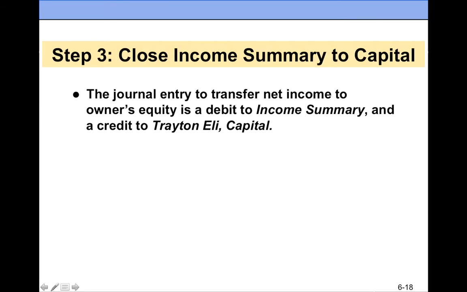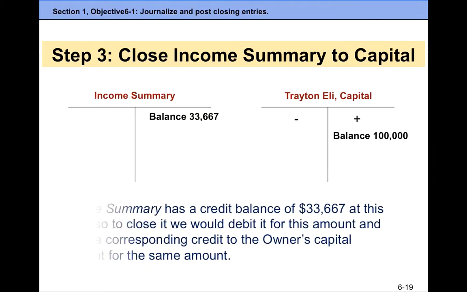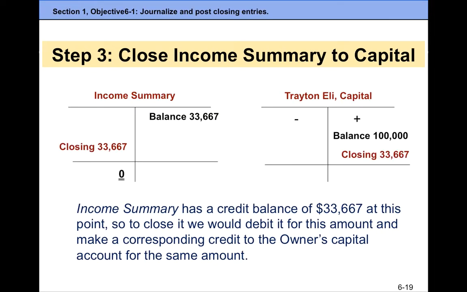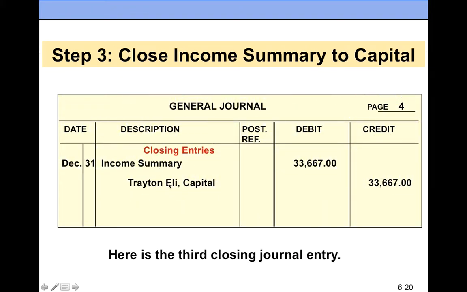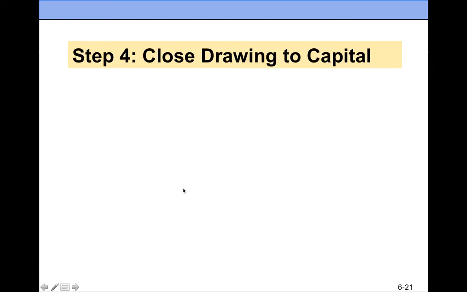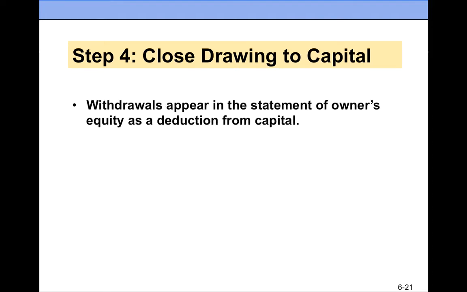And guys, the last step, I'm sorry, this is the third step. So the third step, I already went over it, is to close income summary into the capital. And again, as I mentioned, if you have net loss, you just flip those accounts. You debit capital, decrease it, credit income summary. And the last closing entry and the last journal entry for this period, yay, is to close drawing into capital.